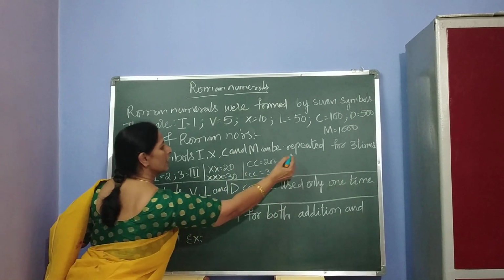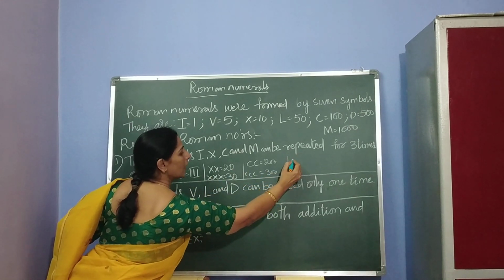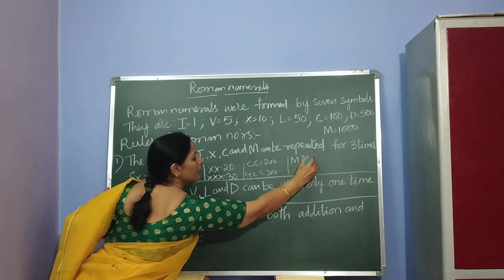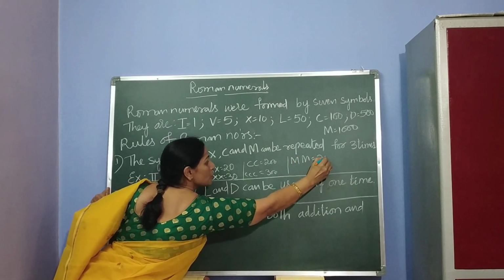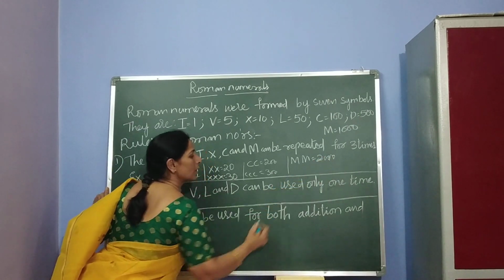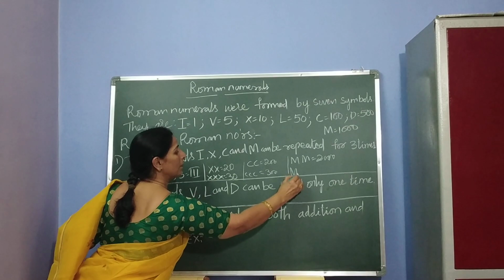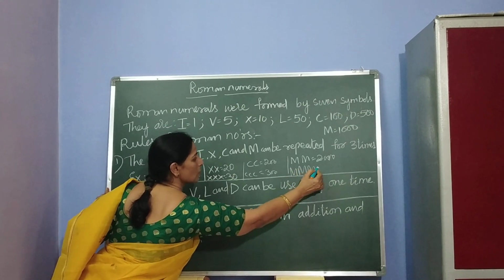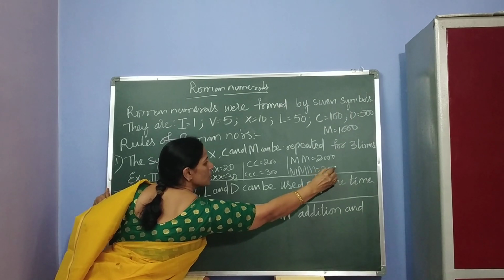Next number is M. M gives 2000. Okay children. M, what is the answer? Now you can give the answer. 1000 plus 1000 plus 1000, 3000.